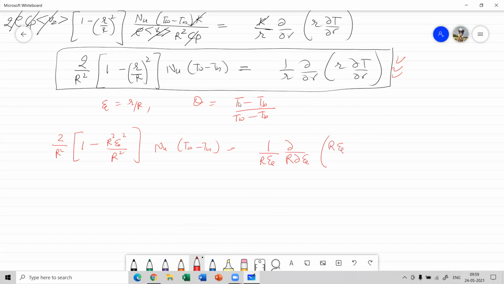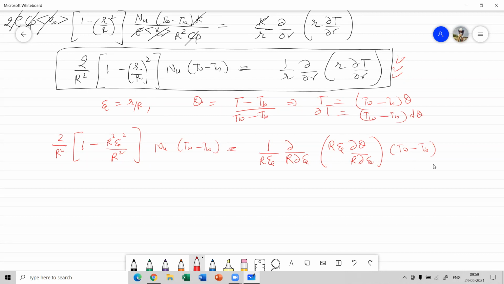Now T can be written as Tw minus Tb into theta, and dT can be written as Tw minus Tb into d theta. So this is how you convert your entire expression in terms of dimensionless terms.